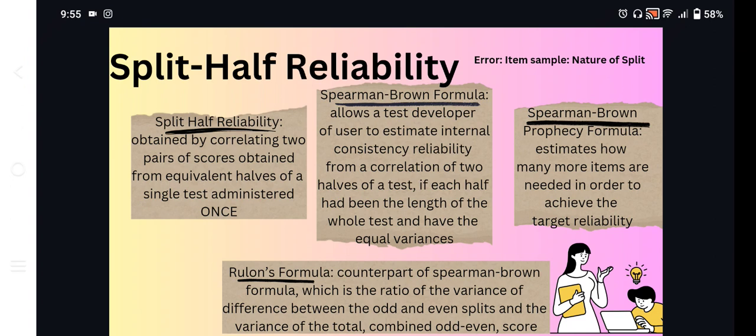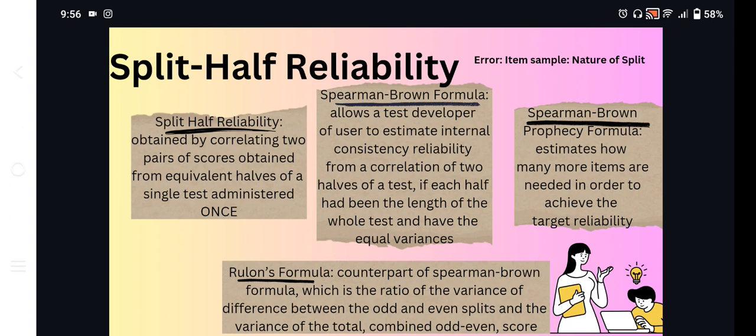Split half. Kay split half naman po, ang split half reliability, ang error natin ay item sampling, nature of split. Split half reliability is obtained by correlating two pairs of scores obtained from equivalent halves of a single test administered once.